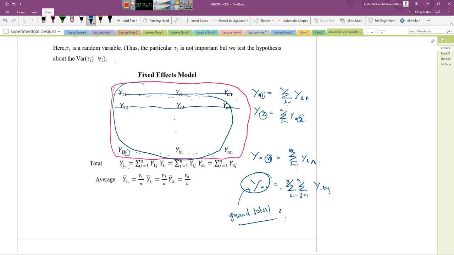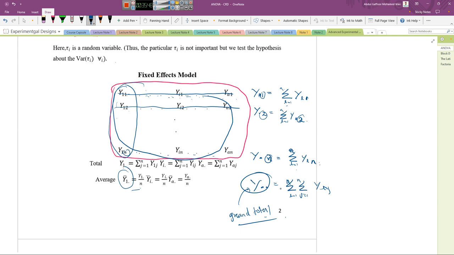And here we can find the average y1 dot bar, right? So this is the first treatment total, the average of the first treatment. So the total of the first treatment divided by n, because we have n number of observations, right? So we have to add all these and divide by n. It will give you the average of the first treatment.